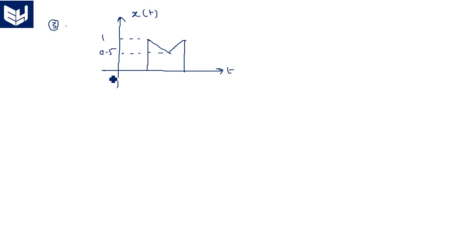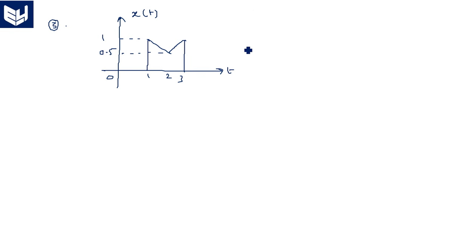Now let us see one more problem. The given signal x of t has a shape like this. So this is 1, this is 0.5, this is 0, and 1, 2, 3.